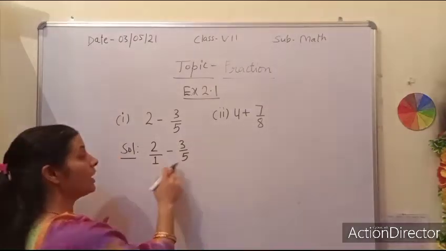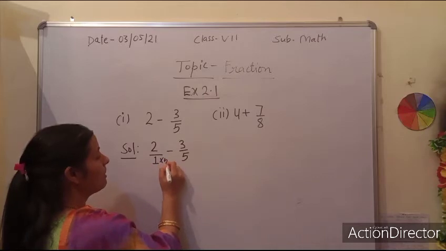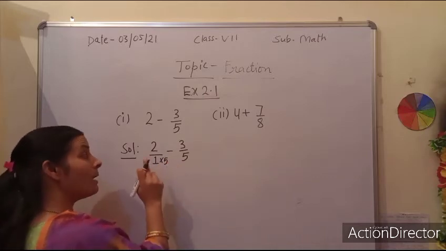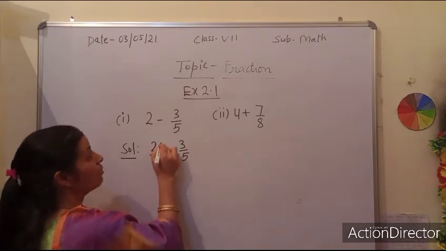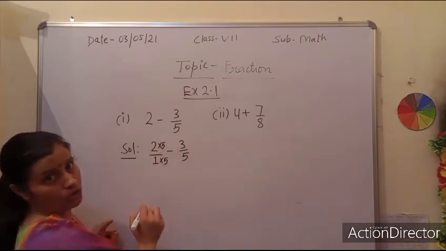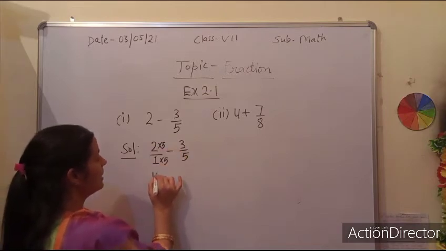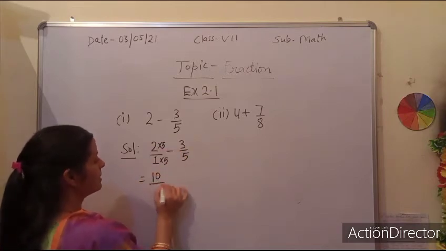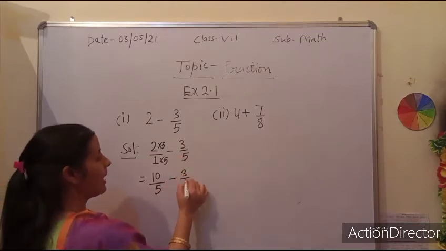Here is 1, here is 5. To make it 5, we multiply by 5, but if we multiply the denominator by 5, we have to multiply the numerator also. So 5 2s are 10, 5 1s are 5, minus 3 by 5.